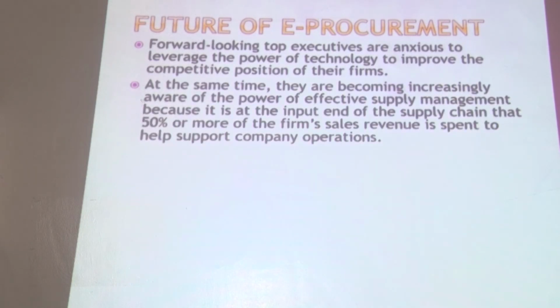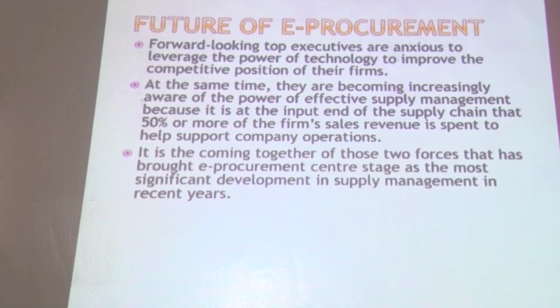So what is the future of e-procurement? Companies must be able to embrace e-procurement, in that it enables the organization to be able to cut on cost, and at the end of the day also increase on sales revenue. So executives are looking forward to leverage their power of technology by implementing e-procurement so that they can have a competitive advantage over other firms in the industry.